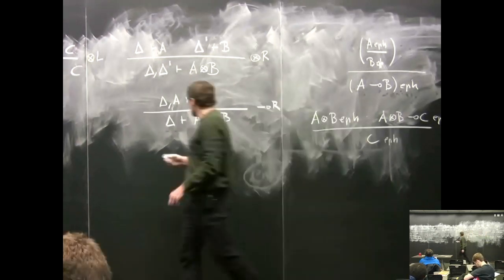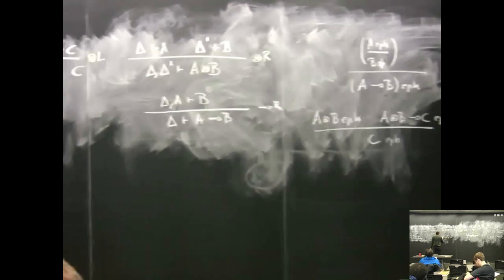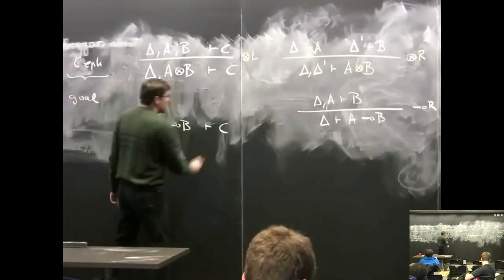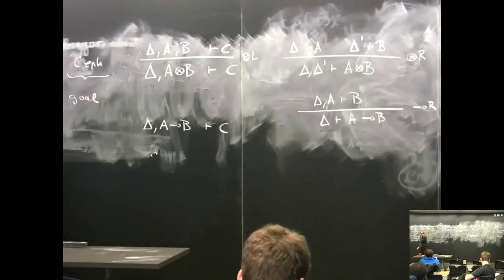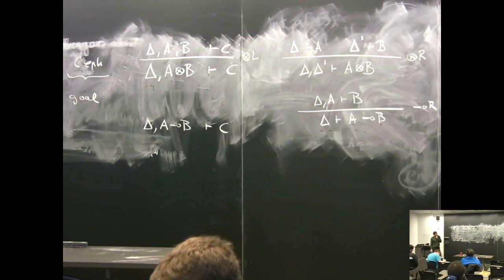All right. And so then the other thing we need to worry about is if we have A implies B as a resource and we're trying to accomplish some goals. How do I use A implies B as a resource?